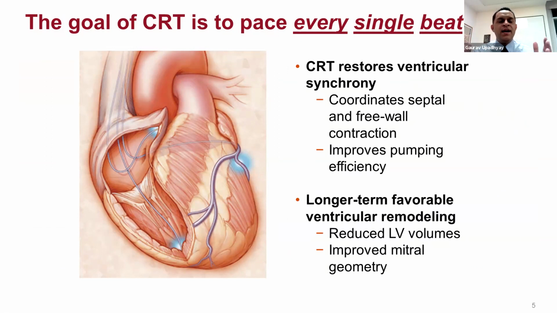So the fundamental concept is quite different: instead of simply being a metronome, this is a device that actually coordinates. If someone has left bundle branch block, one wall is always coming in late, and that is the cause of heart failure. If you simply bring the walls in together, the same diseased muscle can make a lot more output. So fundamentally, the goal of CRT is to pace every single beat.